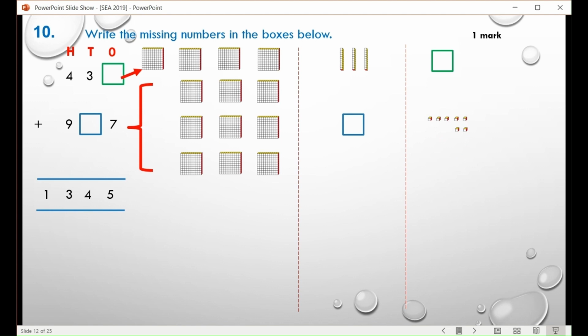So this indicates the two numbers that we need to add. The first row on top tells us it's 430 something, and the second set tells us 900, we don't know how many tens, and 7 ones. And if we add it up, it's going to give us 1,345.